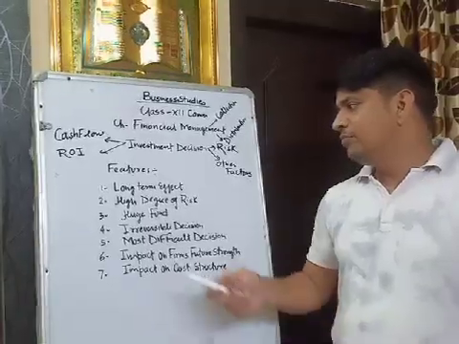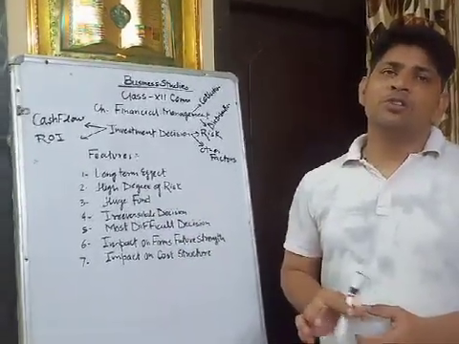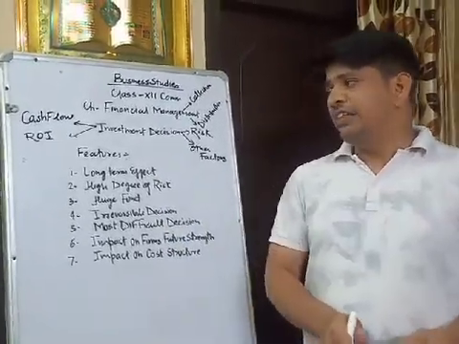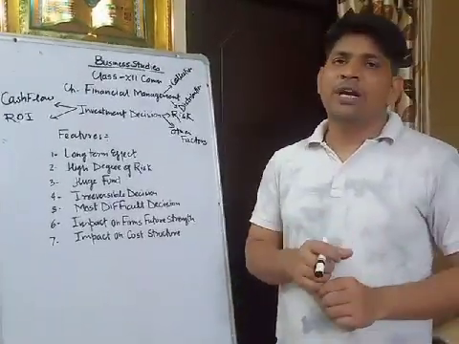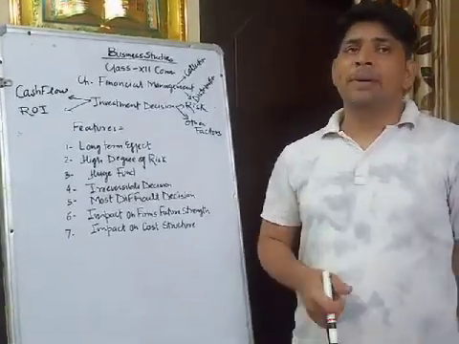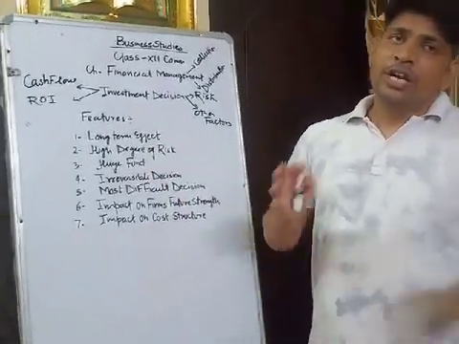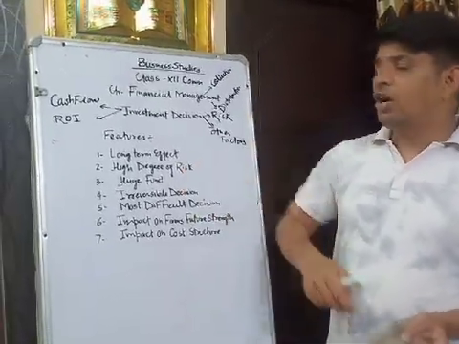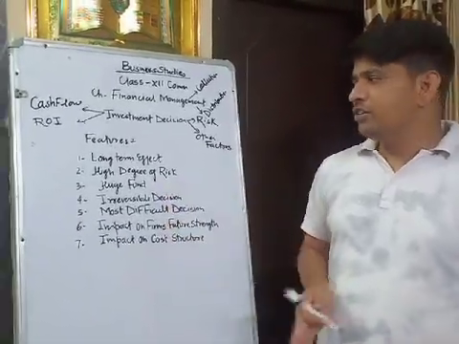High degree of risk. A high degree of risk is present, because once the fund is invested, if the businessman does not get a return from it, it will not be profitable or fruitful for the company. That is why a high degree of risk is present, because it requires a large amount of fund to be invested, and it is not possible for the businessman to start up a big venture by investing a small amount.